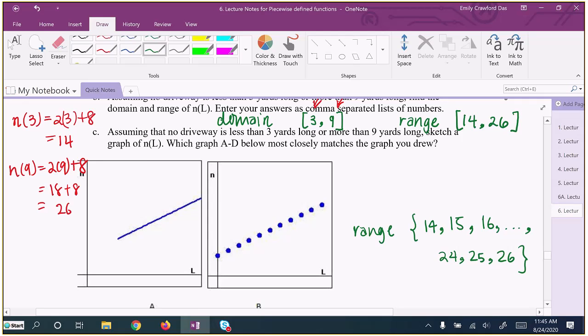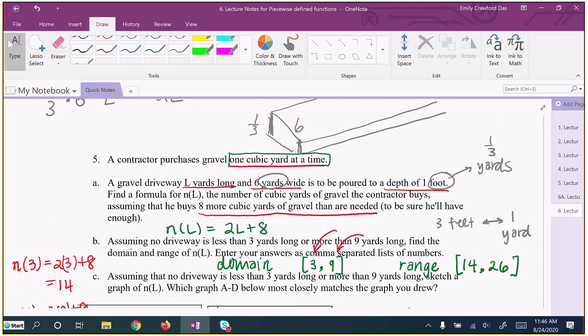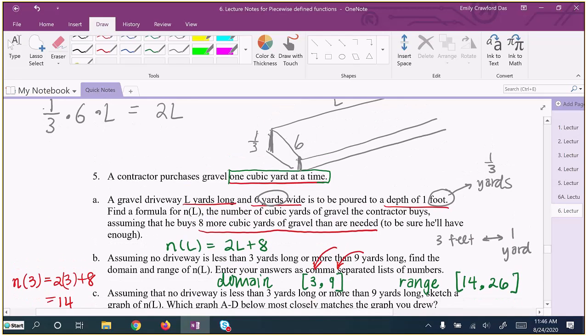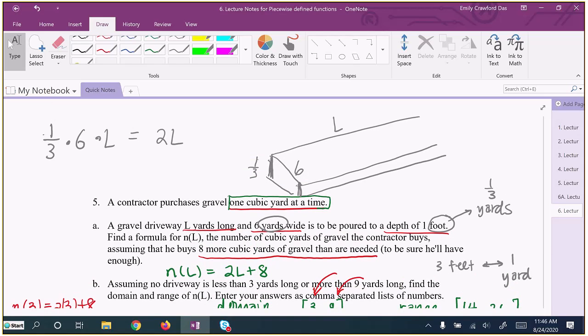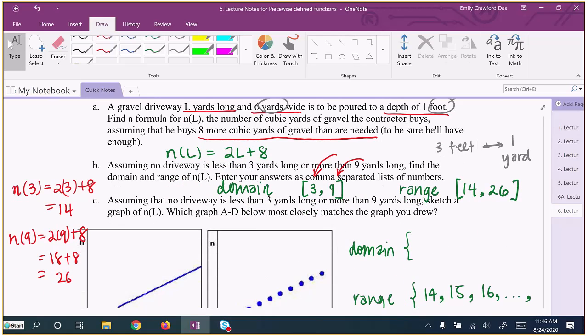And then that means our domain is going to change as well, because our domain then should only be able to be whichever numbers correspond to 14, 15, 16, to these integers. So how will I know? Well, because the function is 2L plus 8, every 1/2 of a cubic yard is going to add.